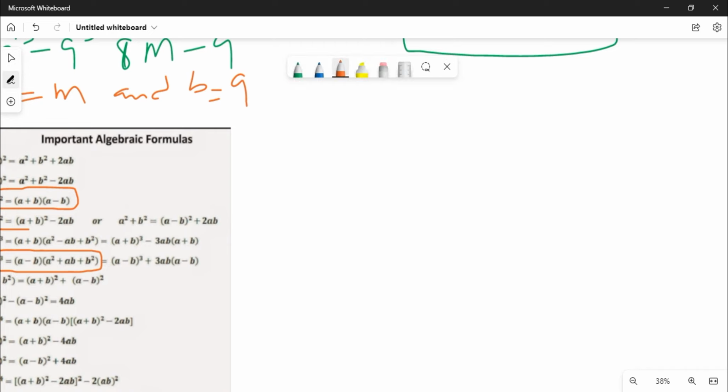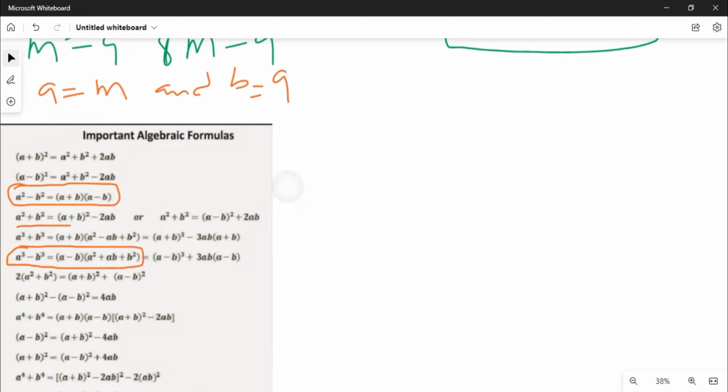If we apply that, we are going to have the first part, m minus 9 multiplied by m squared plus 9m plus 9 squared, and that will be plus the plus sign.